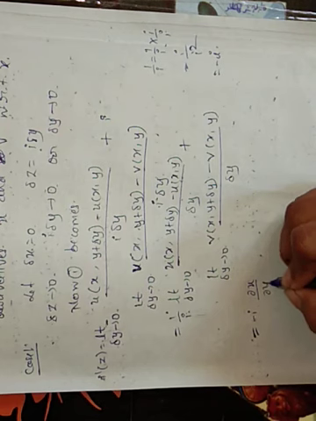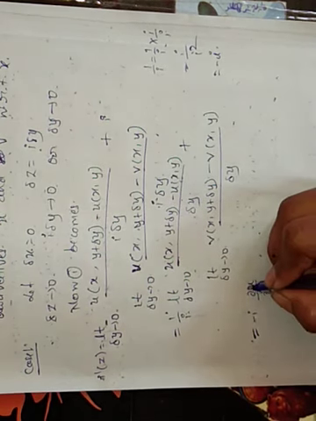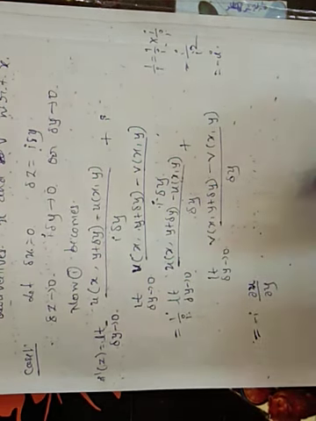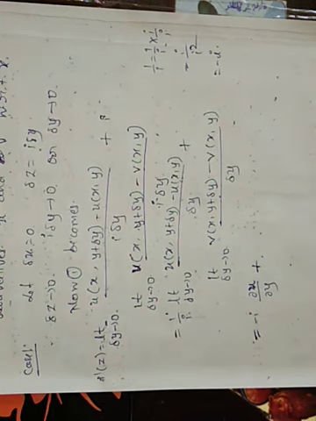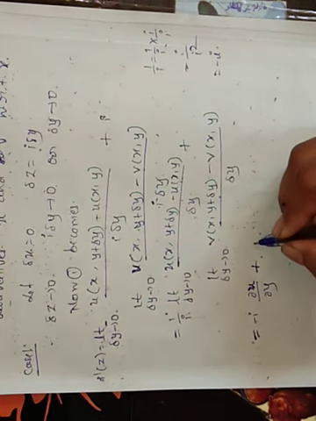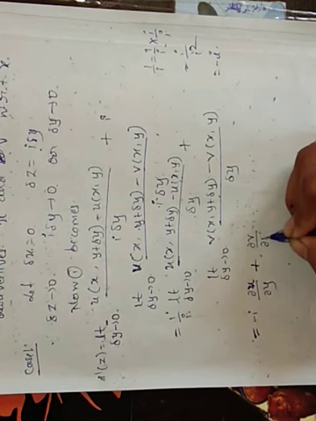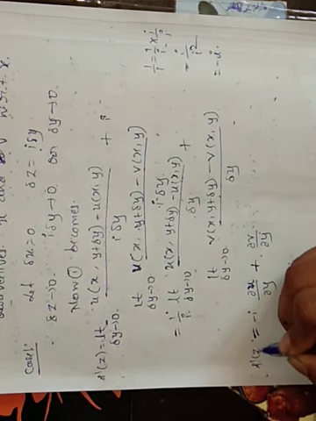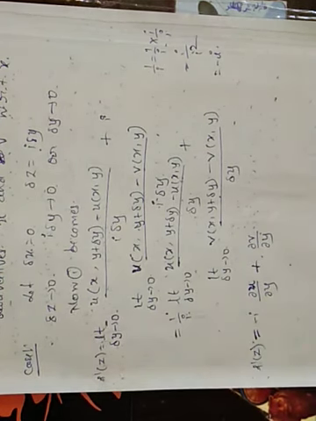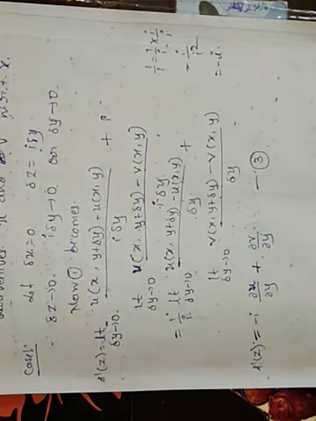Again, using the definition of the partial derivative, the next term is dou v by dou y. So f dash of z equals minus I into dou u by dou y plus dou v by dou y. Call this equation 3.